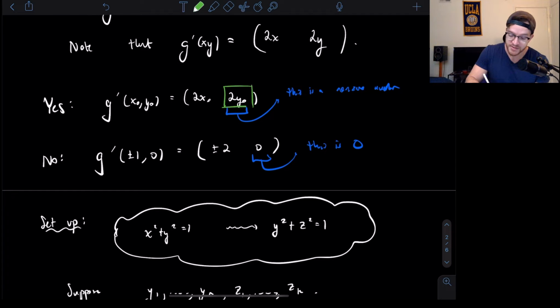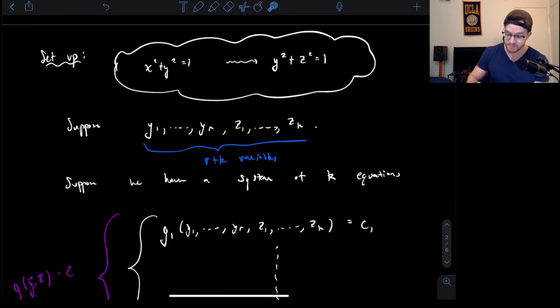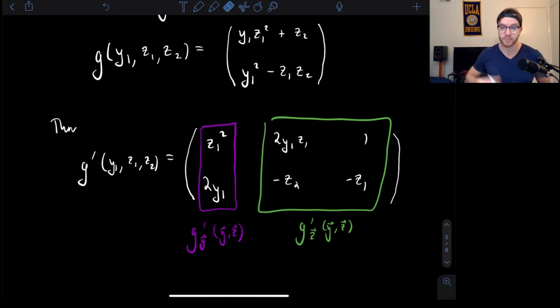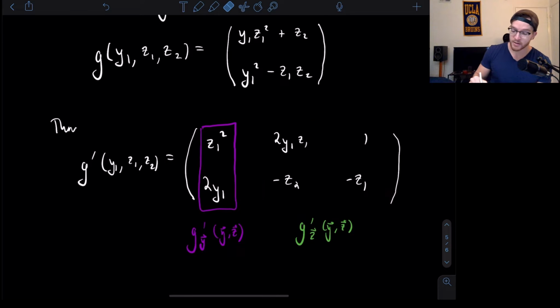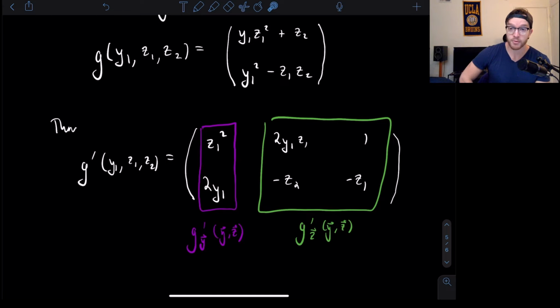This submatrix would be the G prime sub z guy, and I said that when this matrix is invertible, the answer is yes. When it's not invertible, the answer is no. So more generally, if you have a big system of equations with a bunch of variables, if the corresponding G prime sub z matrix is invertible, the answer will be yes.